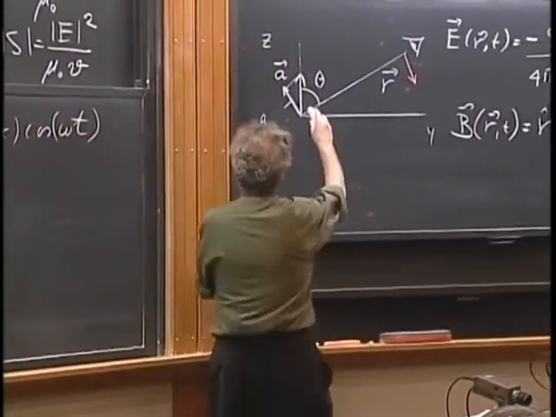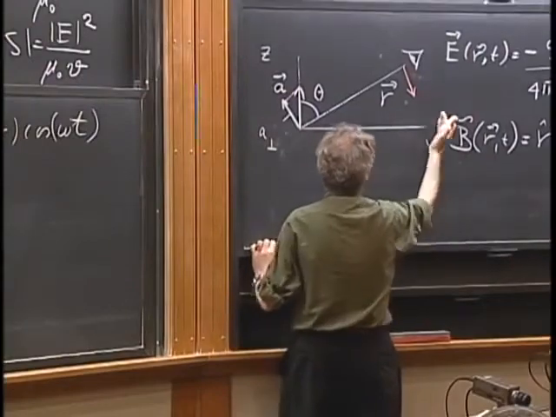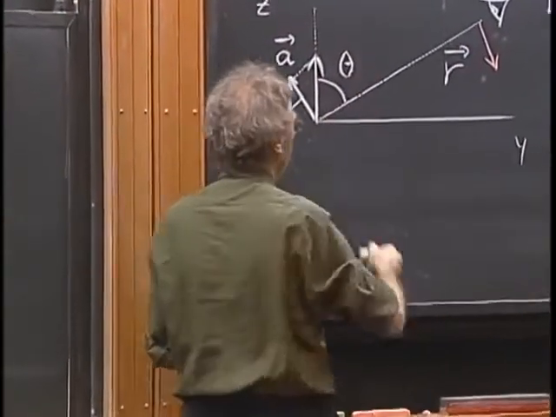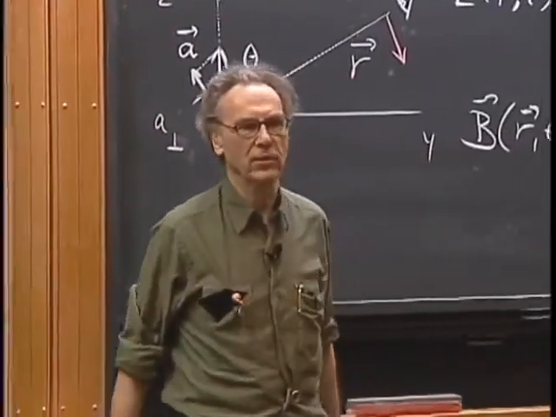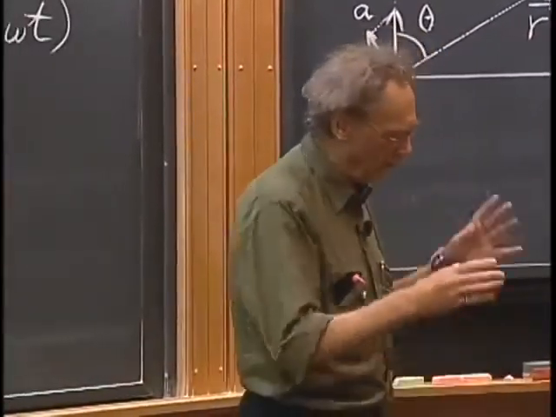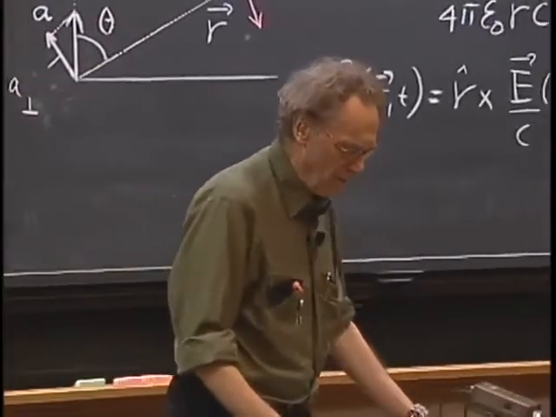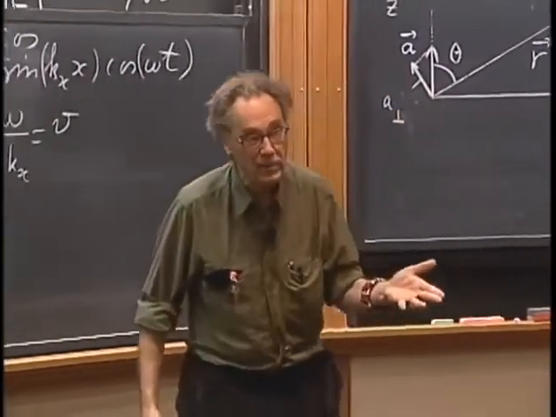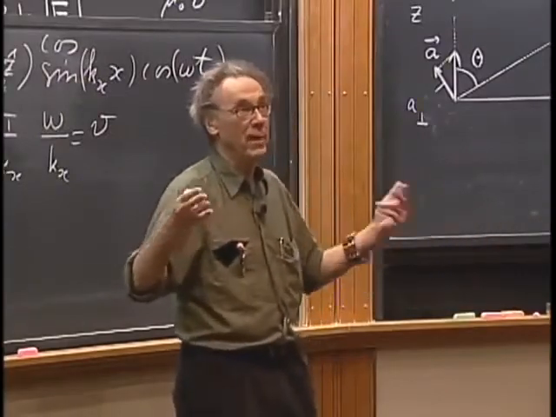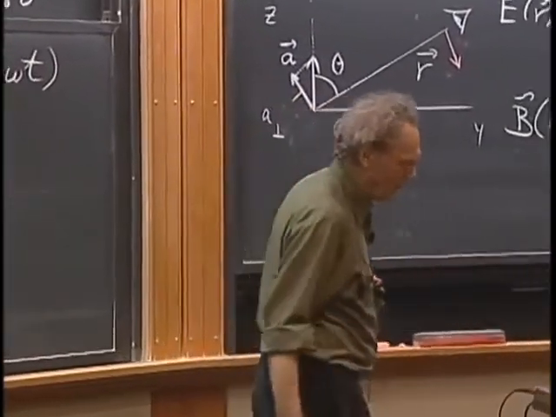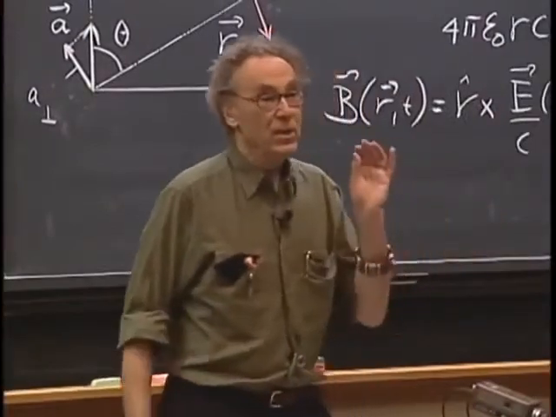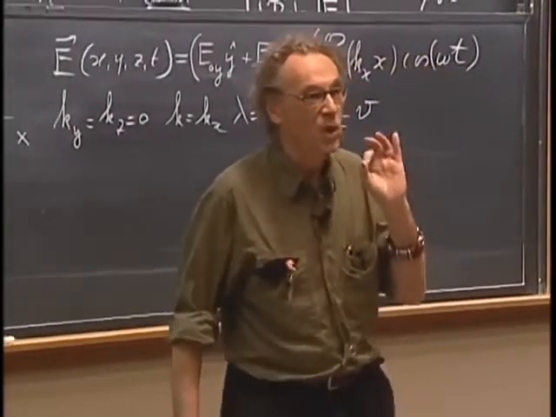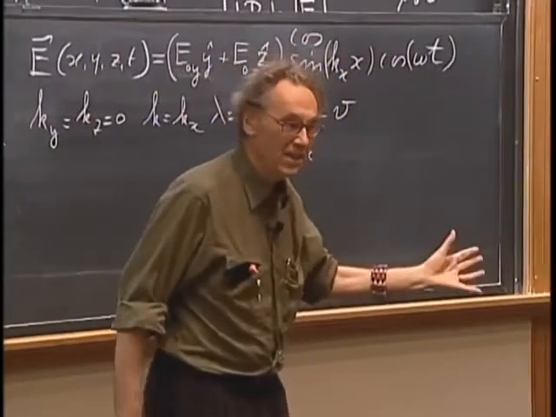If you happen to be at theta 90 degrees, you will see the maximum E possible. If you happen to be in this direction where theta is 0, you won't see any electric field. And so there's a very strong dependence of the magnitude of the E vector in the direction. And the same is true for the B vector, because the B and the E vector are always married to each other, so they get the same sine theta. So the Poynting vector is now going to be proportional to sine squared theta, because you have an E and you have a B.